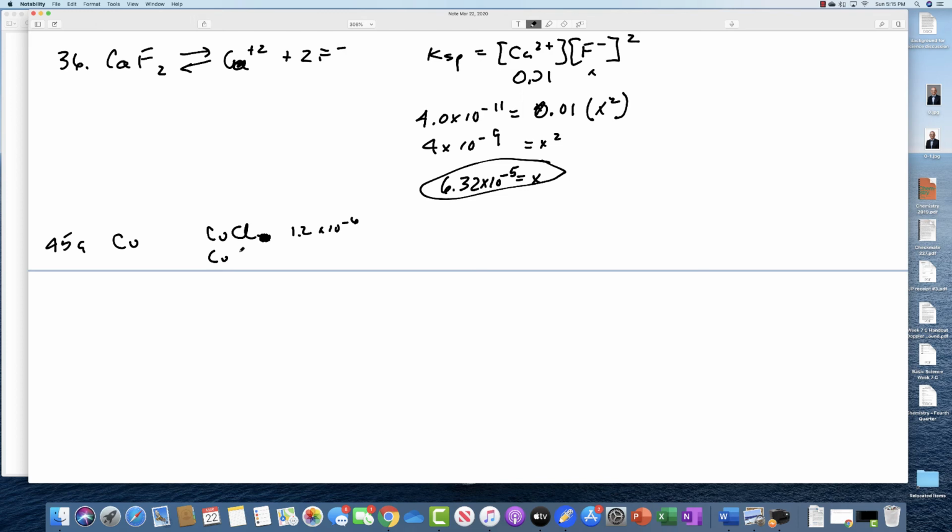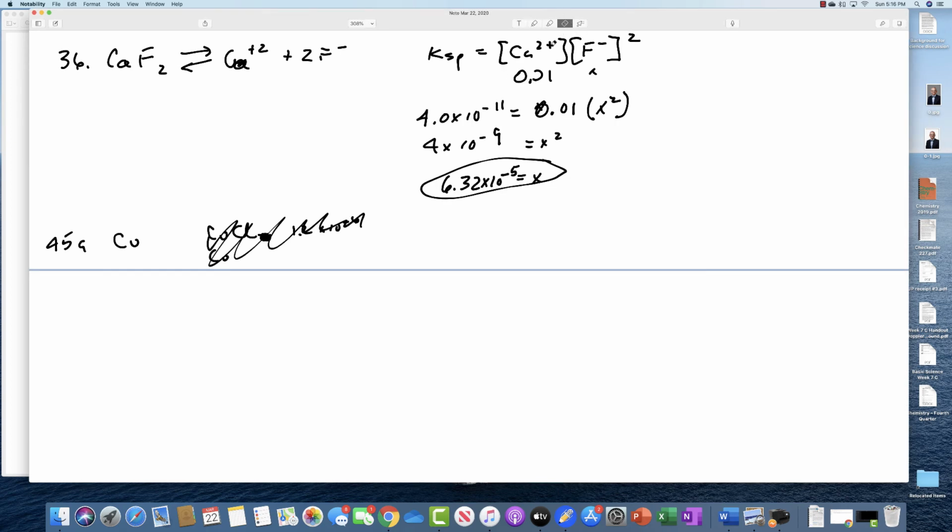Let me do that again, because I picked out copper plus. Well, it doesn't have one for copper 2 plus. You have to pick one that's 2 plus. So let me erase that, because you can't pick something that's plus, you have to pick something that's 2 plus.